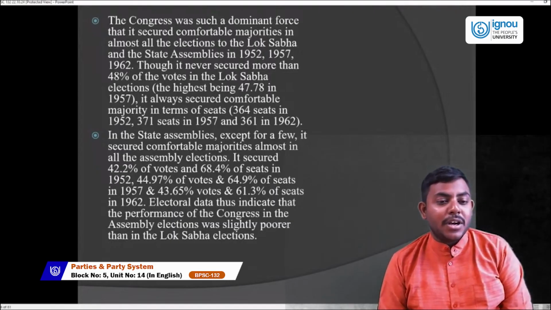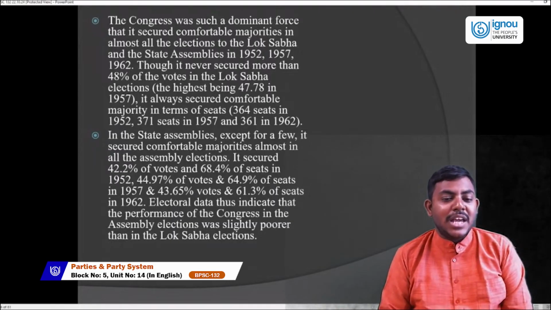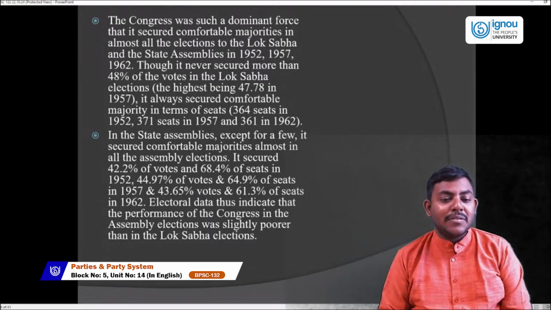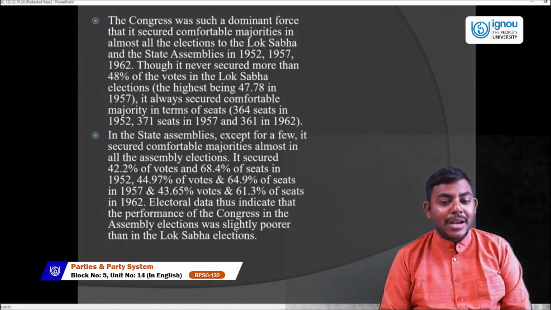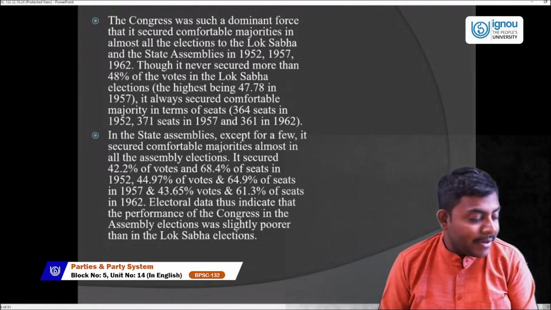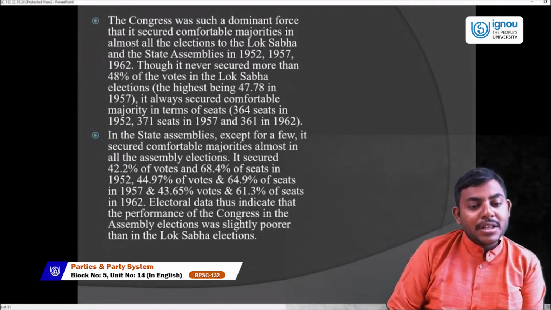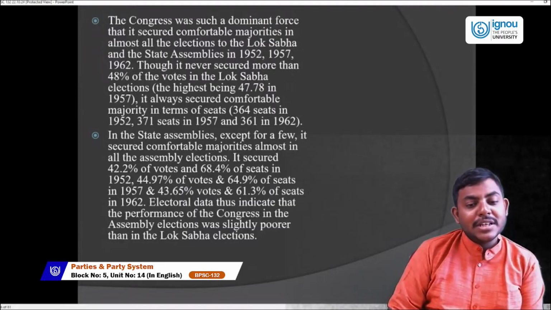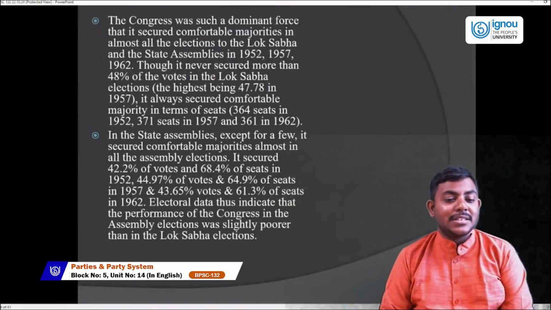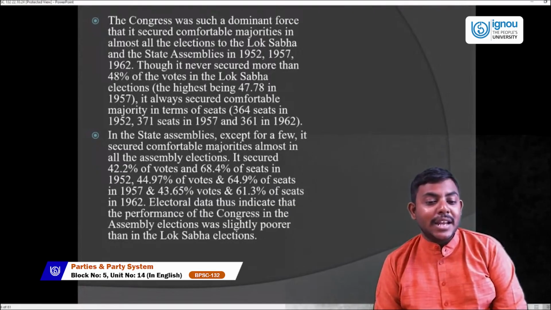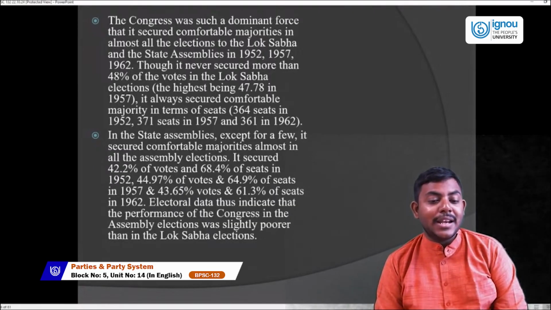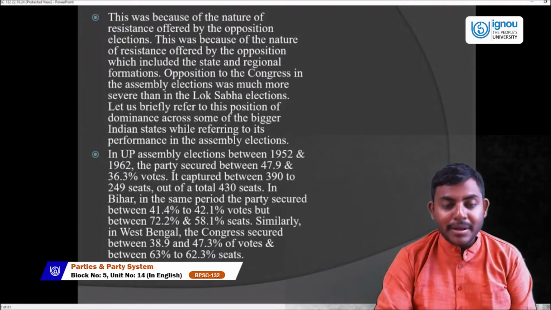It secured 42.2% votes and 68.4% seats in 1952, 44.9% votes and 64.9% seats in 1957, 43.6% votes and 61.3% seats in 1962. Electoral data thus indicates that the performance of the Congress in assembly elections was slightly poorer than in the Lok Sabha elections.